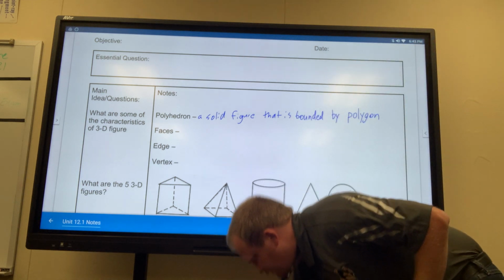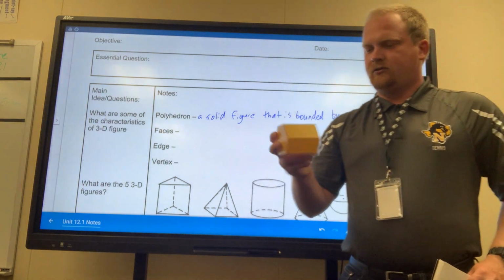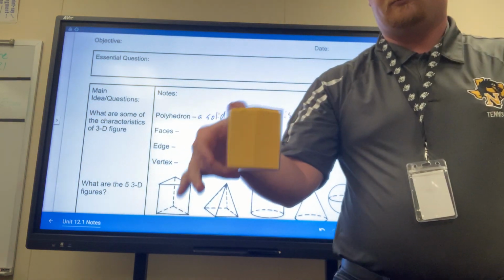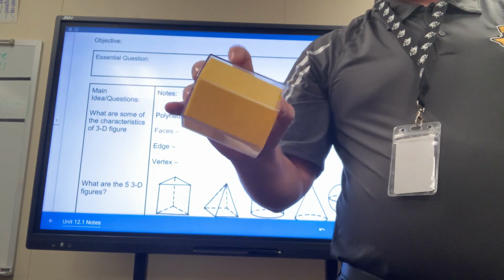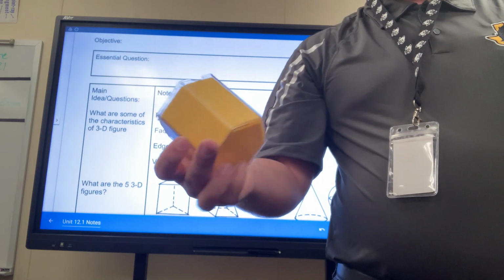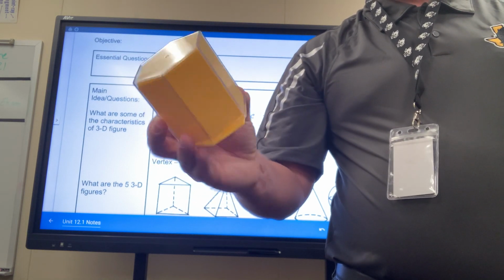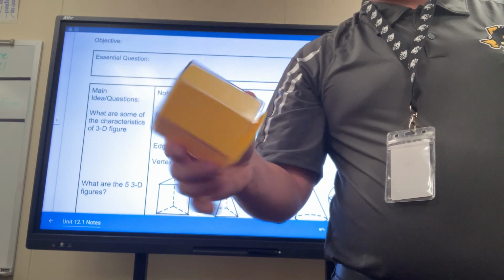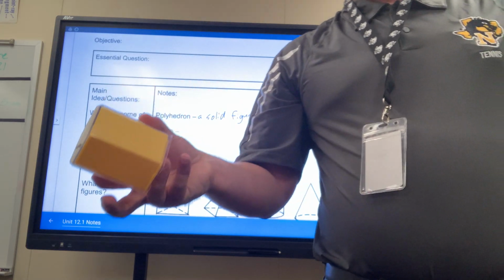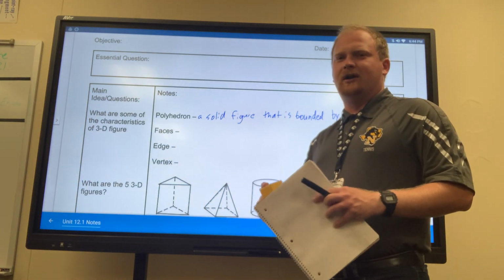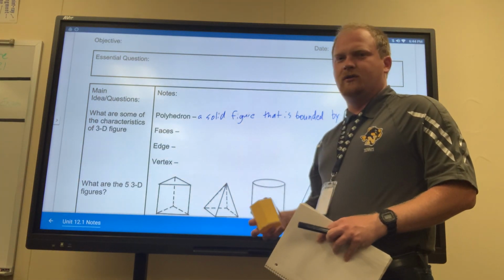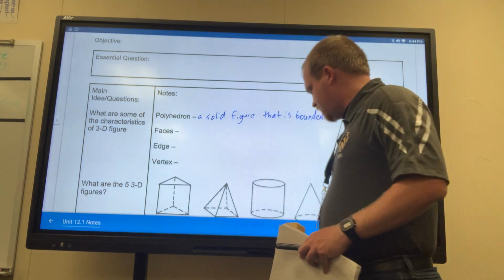So for example, this right here, this is a polyhedron. We have a couple of rectangles, and the bases are basically hexagons. Of course, rectangles and hexagons are polygons, so since they're all combined together to make a three-dimensional figure, that's a polyhedron, okay?